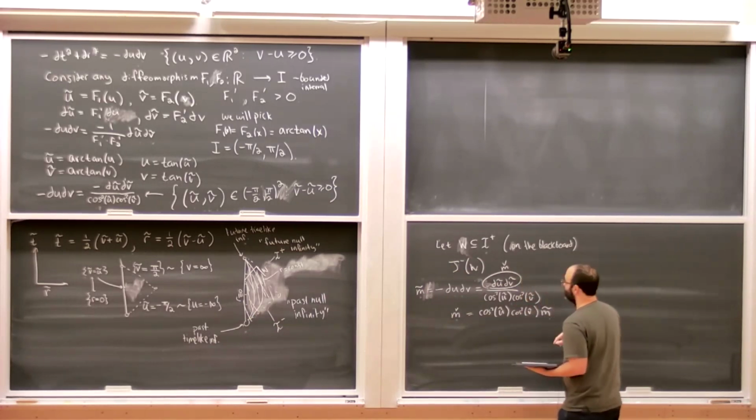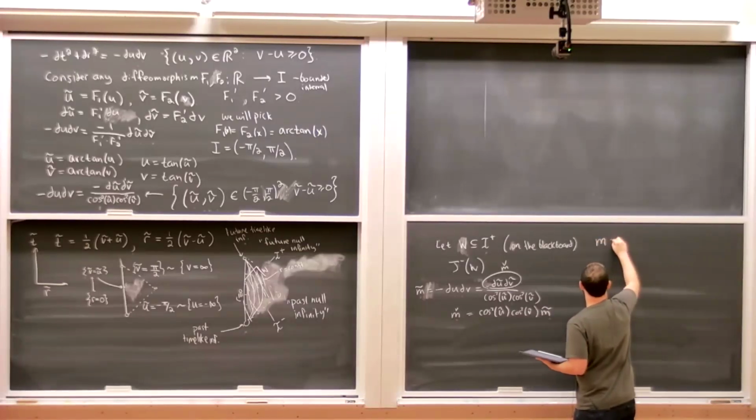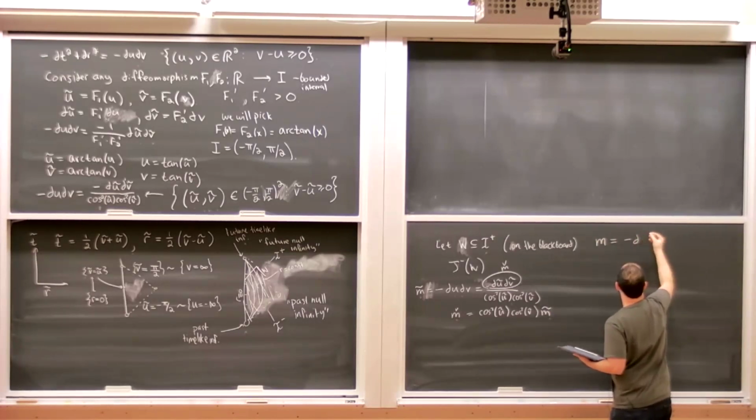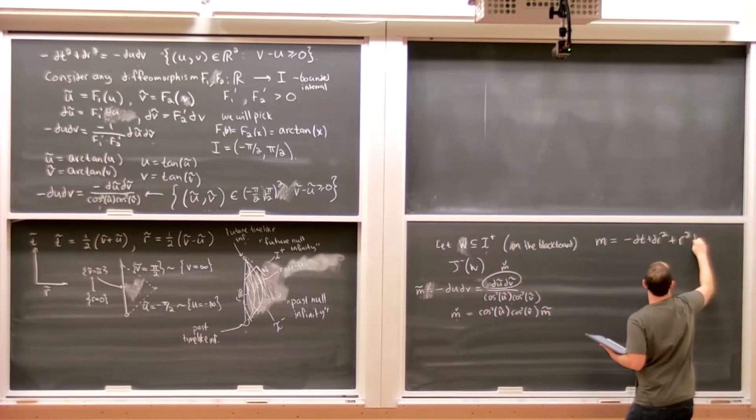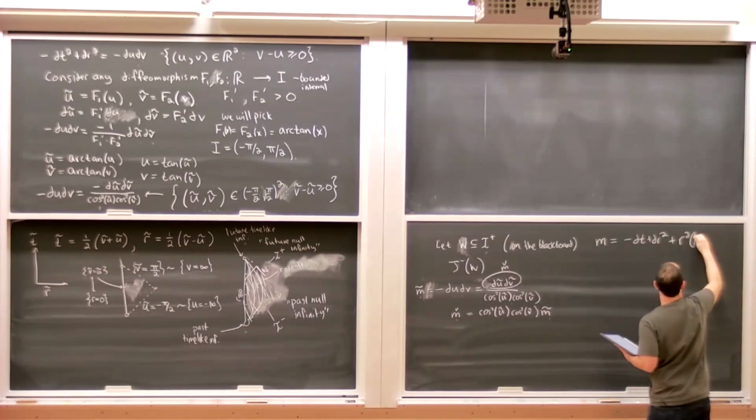So now let's go back to this original m. Remember, this m is dt squared, dr squared plus r squared. Well, now let's maybe write, actually, let's leave this.